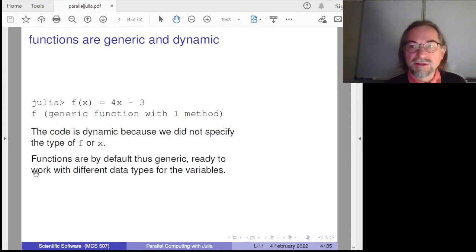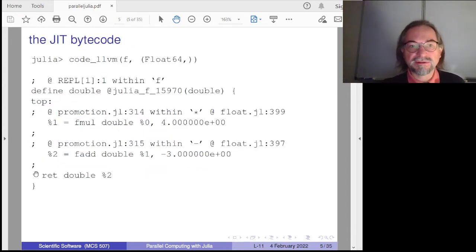We can specify the code that should be generated for a specific type. So here is the bytecode that is generated for the low-level virtual machine for the 64-bit floating types. The main point is not the code, although you might recognize the 4 times x and then the minus 3, and this is already pretty low level.